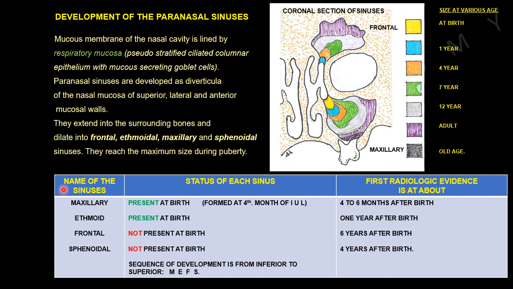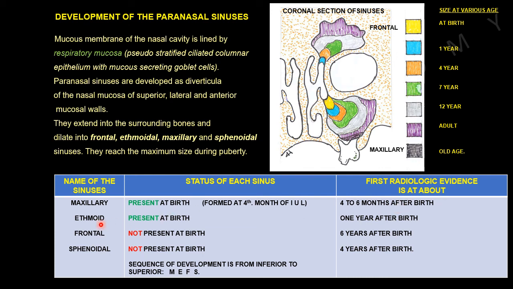These are the names of the sinuses, the status of each sinus, and the first radiologic evidence. Maxillary sinus is present at birth, formed at about the 4th month of intrauterine life. First radiologic evidence is at about 4 to 6 months after birth.